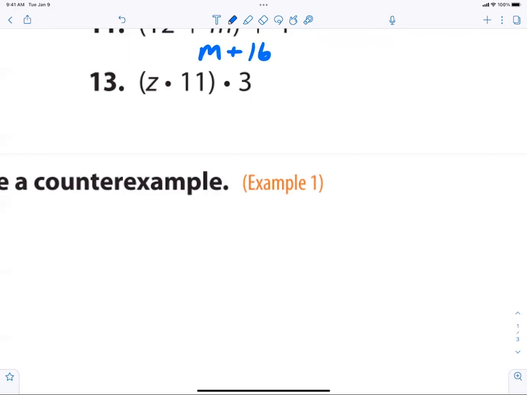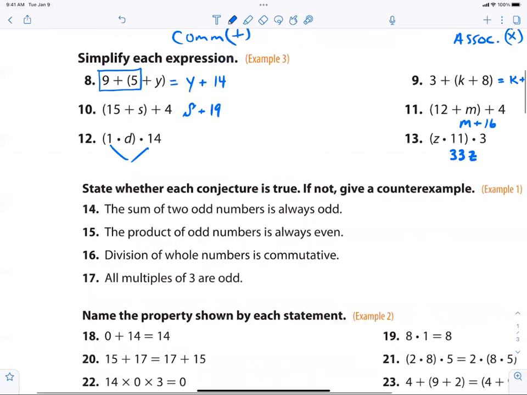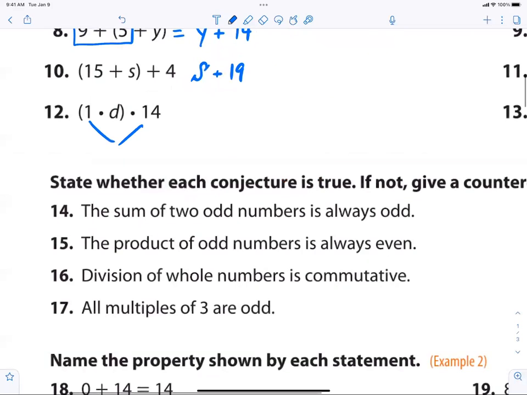Multiplication, we write 33z, all right? The variable comes after the number, so you would say 33z. All right, so Mr. Austin, you tell me what number 12 is. 14 times 3. Yes, but do we have to say times? No, we can just say 14d.